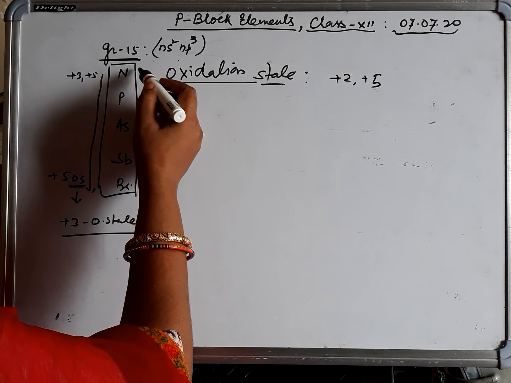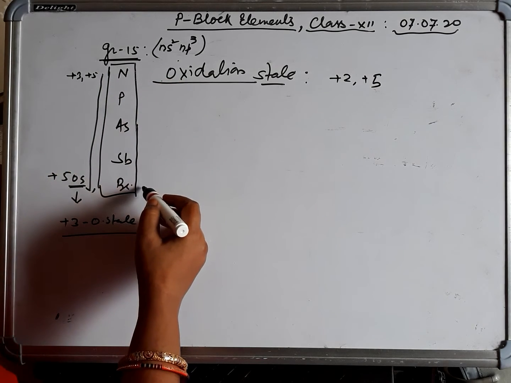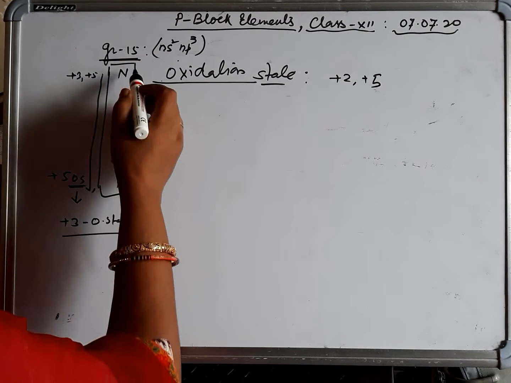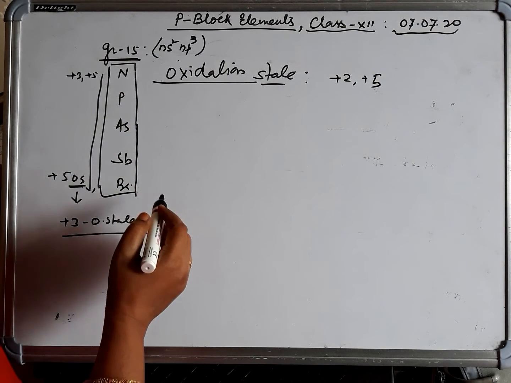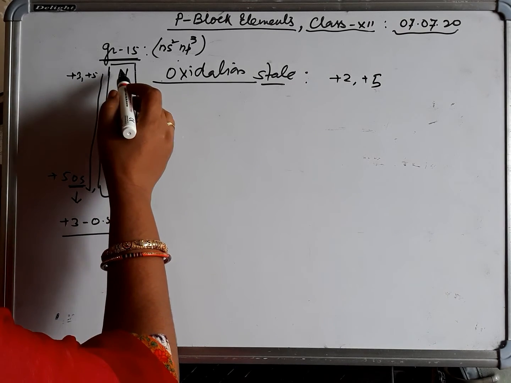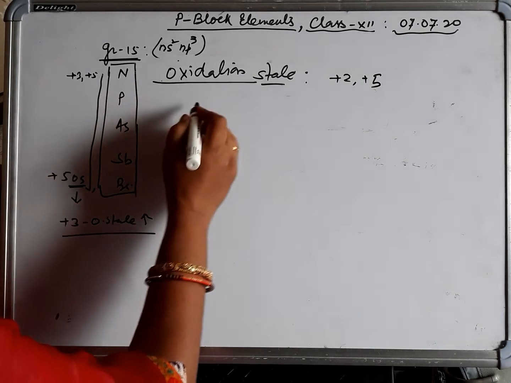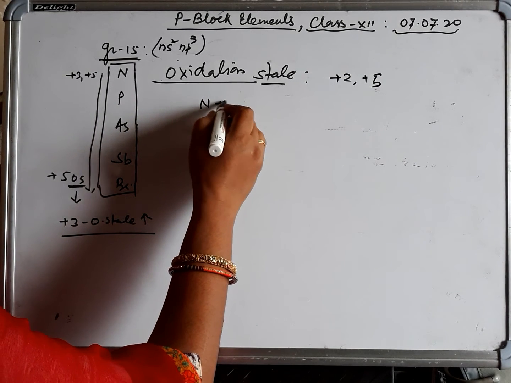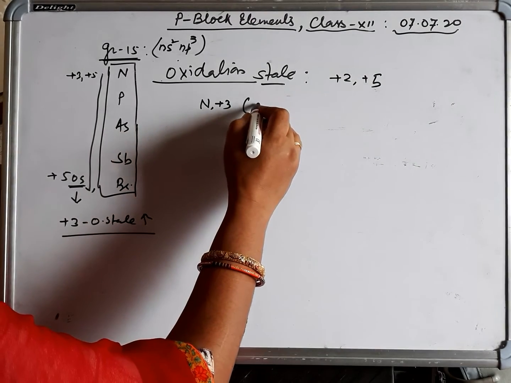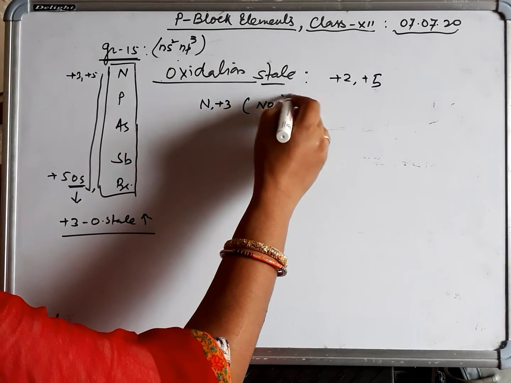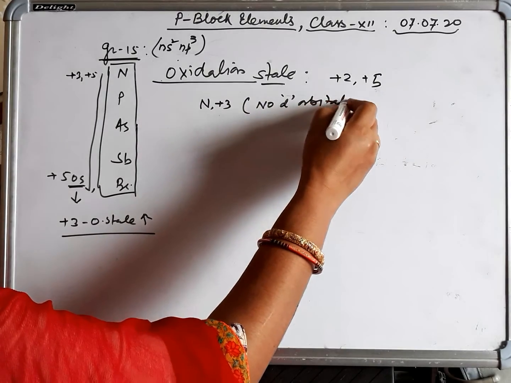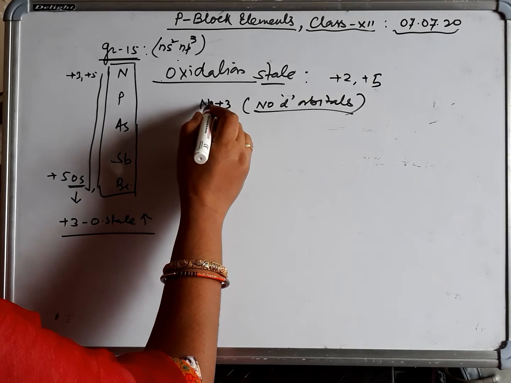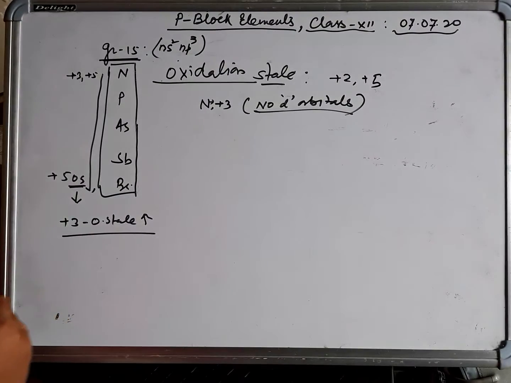So this is the reason that as we move top to bottom in the group, the lower oxidation state becomes more stable and the higher oxidation state becomes less stable. Upper elements like nitrogen can show only the +3 oxidation state because it has no d orbital, so it cannot extend its covalency, and it cannot show +5.